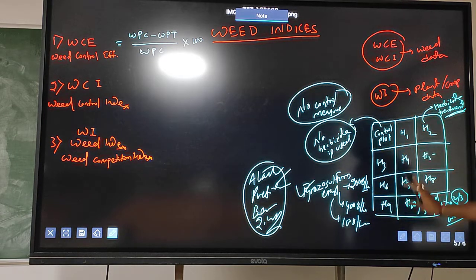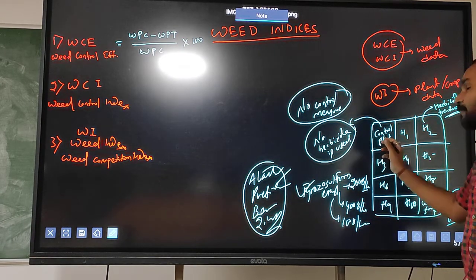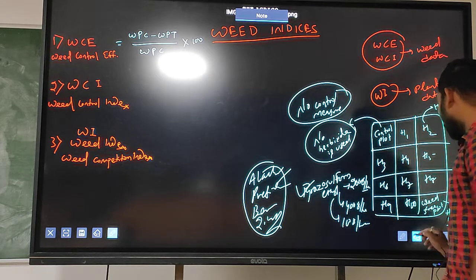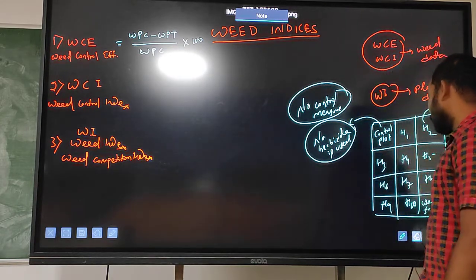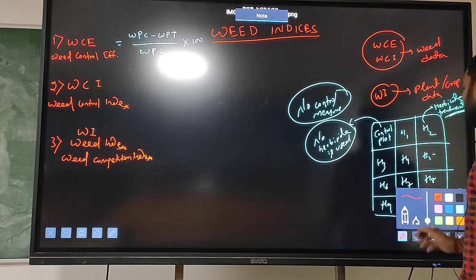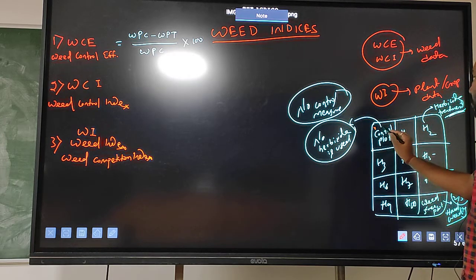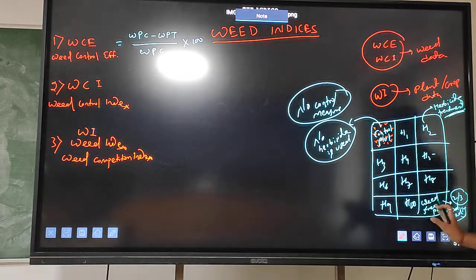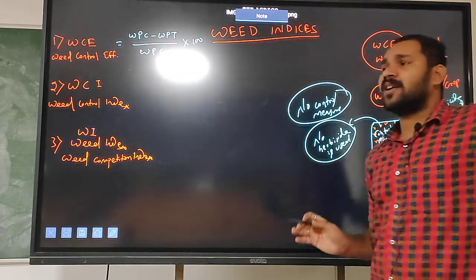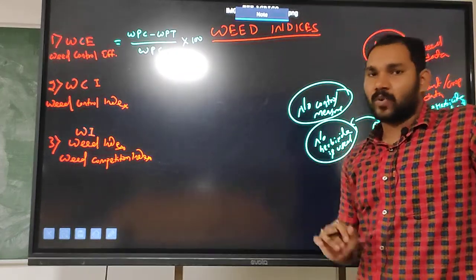So in the field, I will get three types of plot. One is the plot where there is no treatment, so weeds are there. Another is the plot where weed is not there, almost absence of the weed.